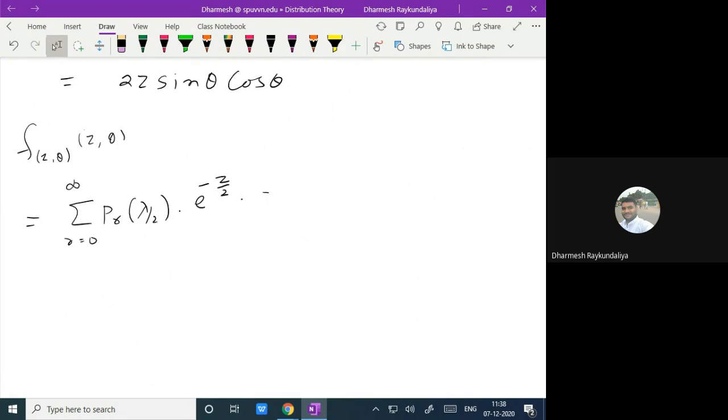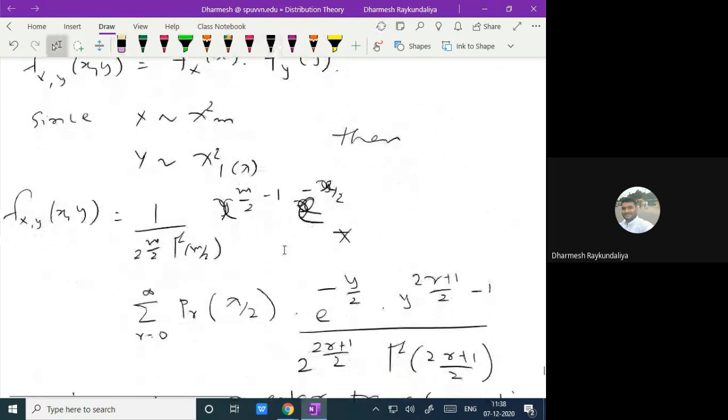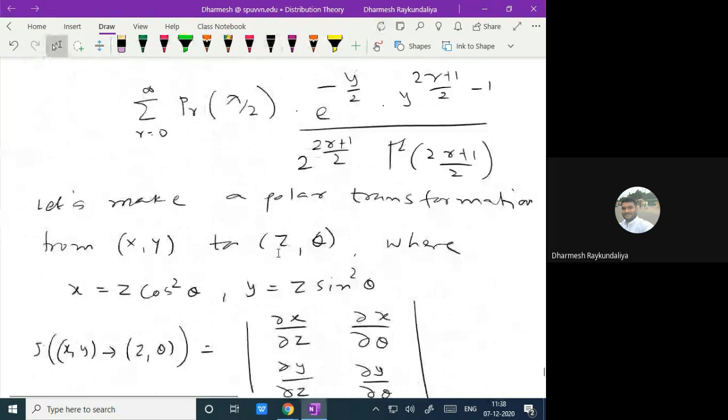What is x? x is nothing but z cos square theta, and it has the power m by 2 minus 1. Okay. What is the power of y raised to? So y raised to, here we have a 2 raised to (2r plus 1) by 2. And what is y?